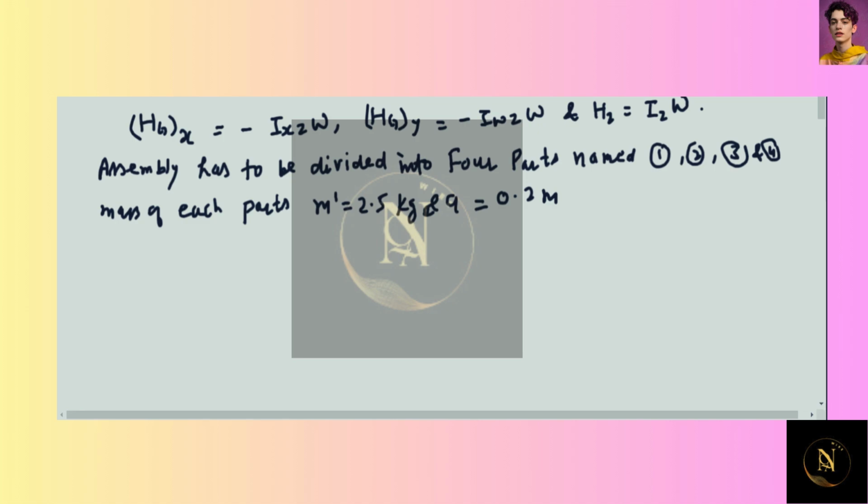To find the moment of inertia of the assembly, we will find the moment of inertia of each part and then sum up. So we are writing it in tabulated form. Part, moment of inertia along xz, along yz, along z axis. First, second, third, fourth, and summation.